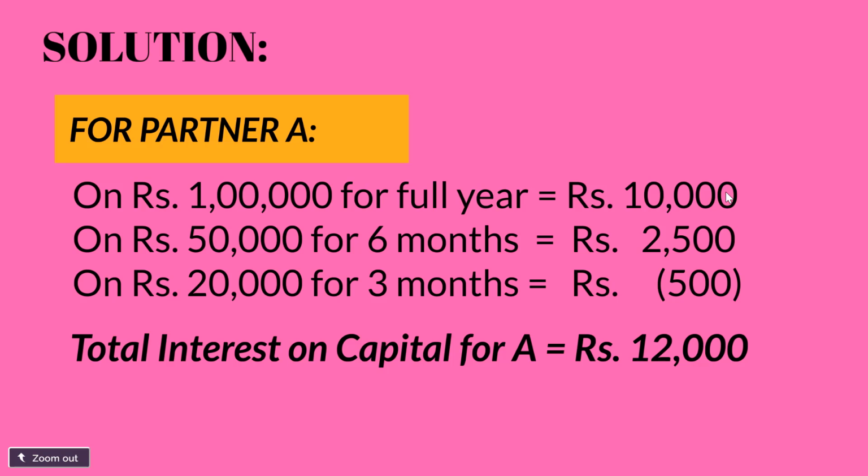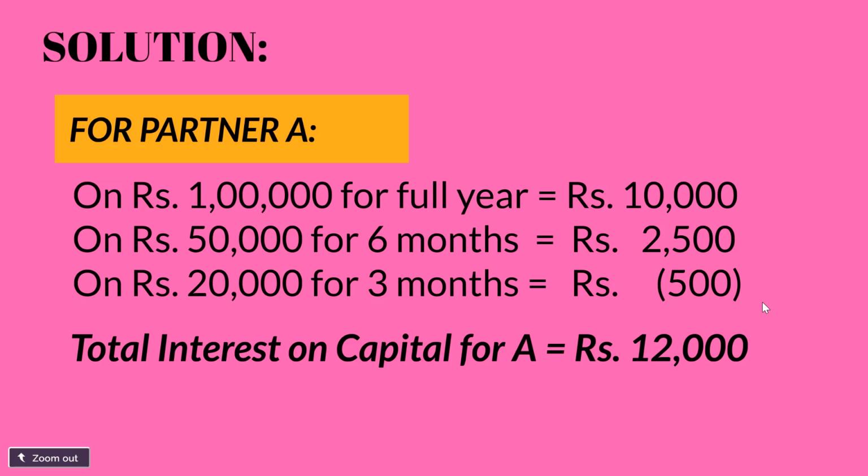So we get the amount as rupees 10,000 first, on 50,000 for 6 months at 10%. Why 6 months? Because from 1st October 2018 when it was introduced up to 31st March 2019. Since it's additional capital, this amount will be added. And on 20,000 for 3 months, we'll subtract the interest on capital. This is because the capital is withdrawn and we are not going to give interest on capital on this amount.